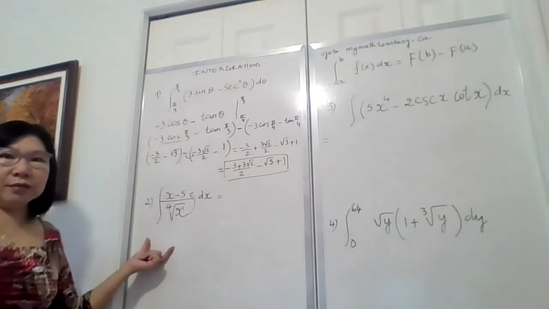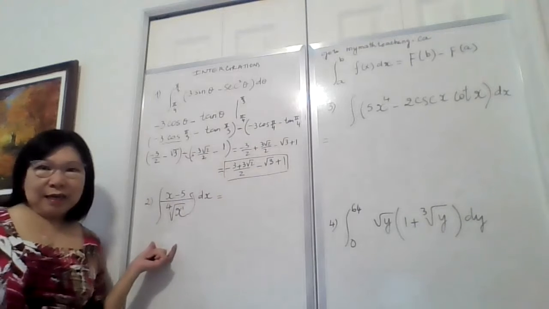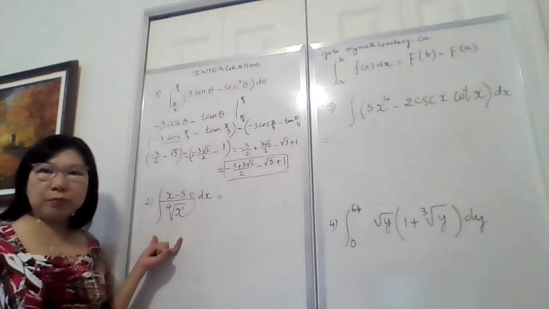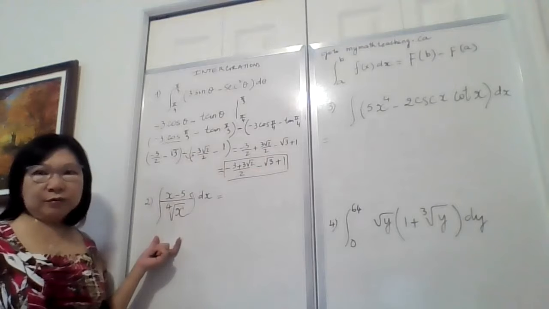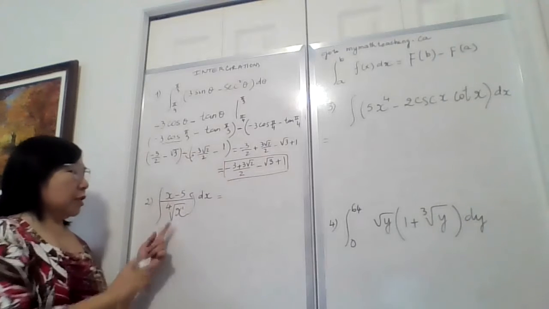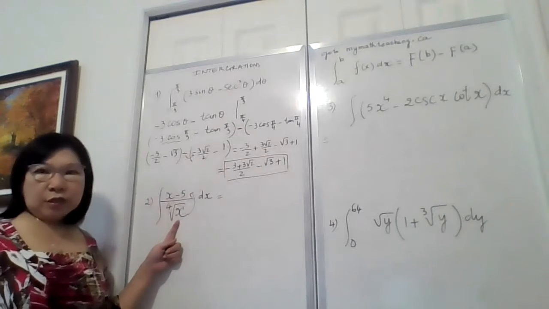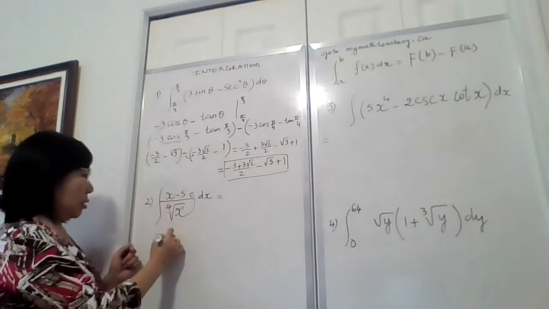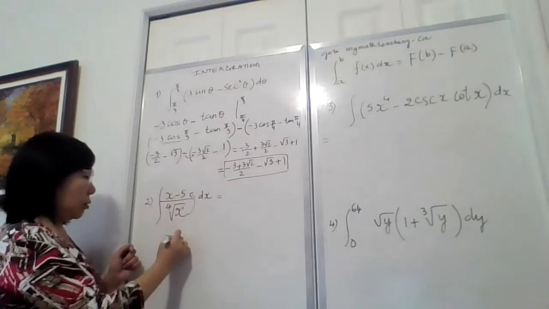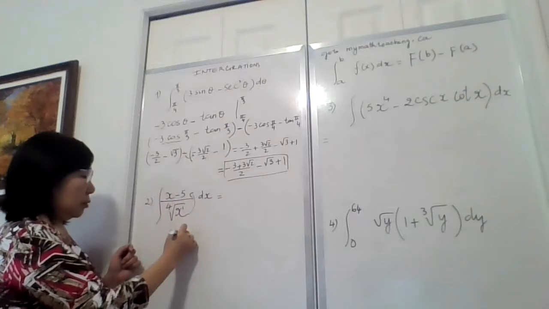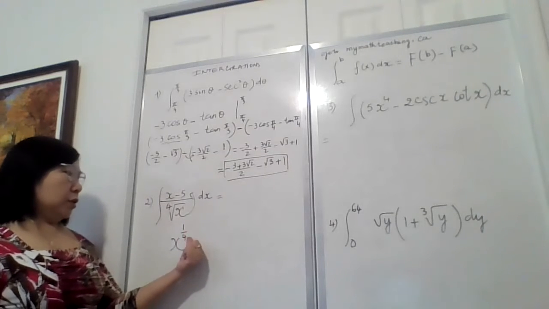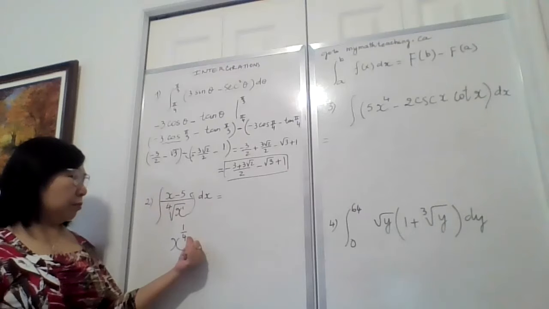Now we're going to do the second question. For the second question, you will do a little bit of manipulation, right? First, I will turn this into a rational power. So this is the fourth root. When I turn it into a rational power, it will look like this. X to the power 1 over the root, which is 4.